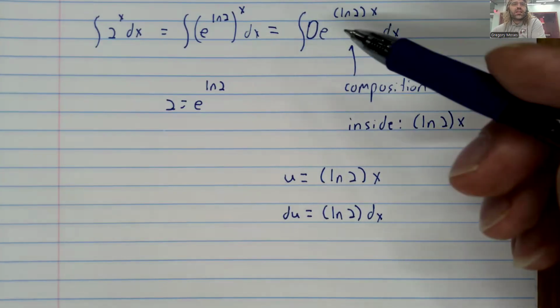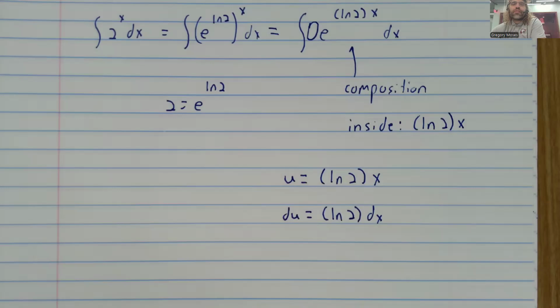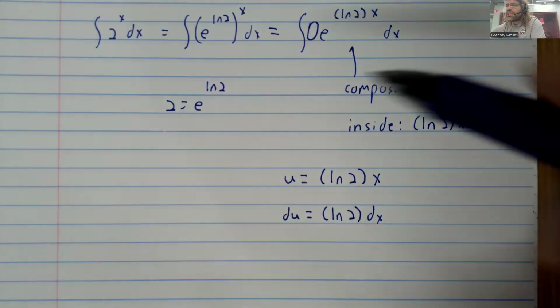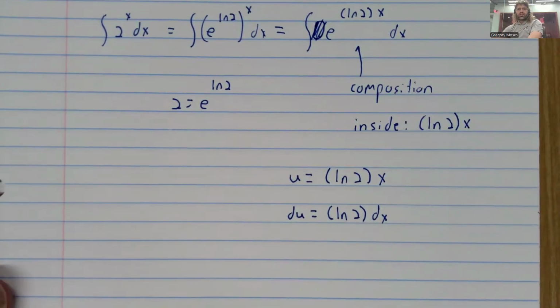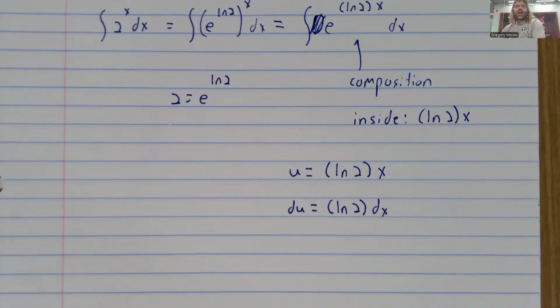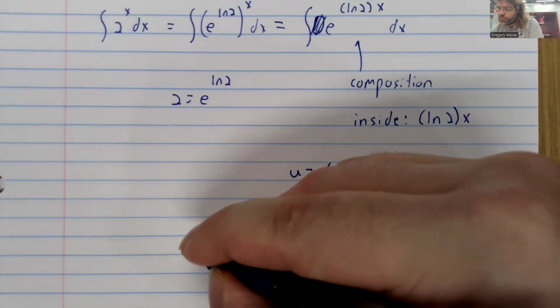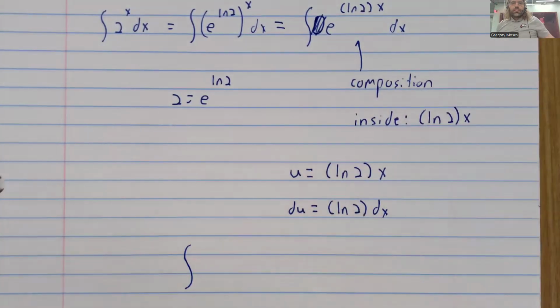So does that mean that our substitution has just failed and we can't integrate? It does not. This is what I'm talking about when I say we can deal with missing constants. The way I approach this is a little different from the way the textbook approaches it. But that's fine.